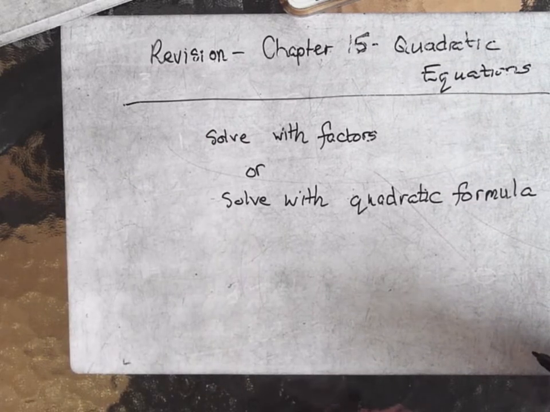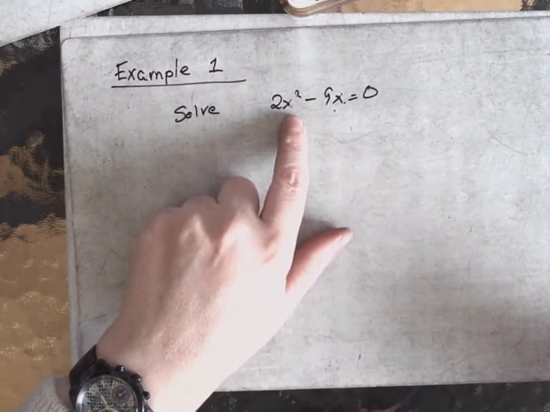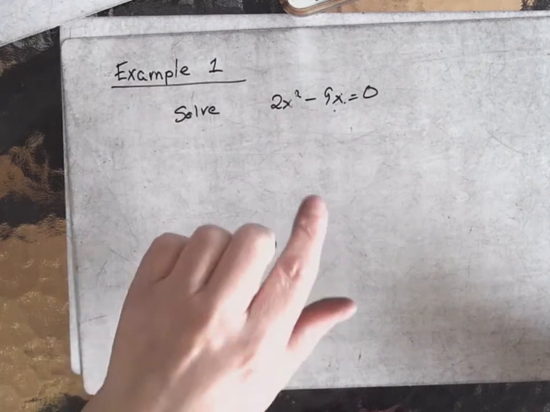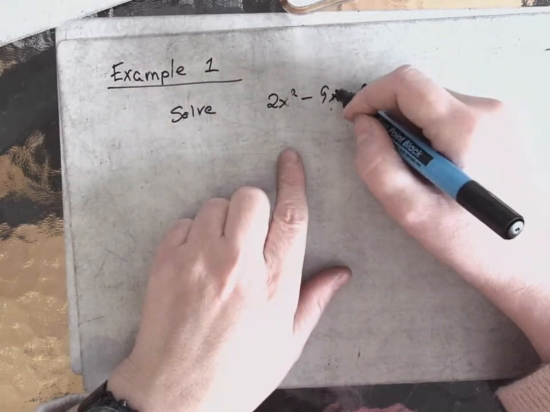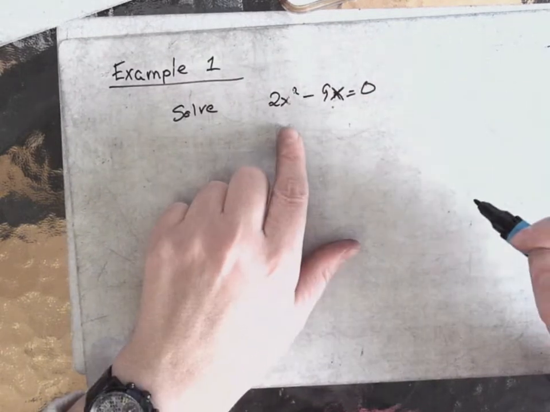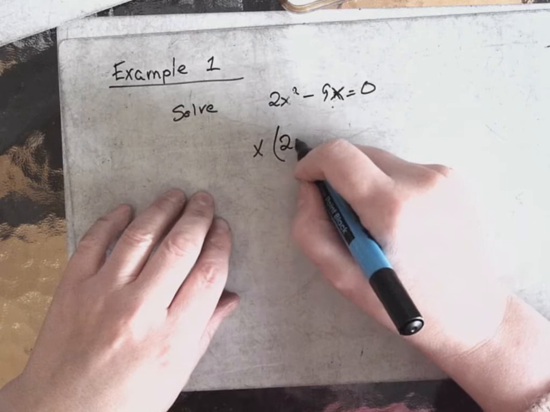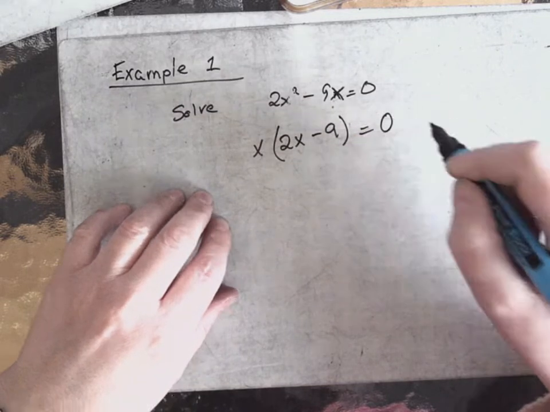So for example, example 1, the question is solve. So we have an x squared term, an x term. Now there's no number because the number is 0. Okay? So to factorize this, and we learned that in just the previous chapter, you take out what's common. So there's an x common. So what's left? 2x minus 9 equals 0. Right?